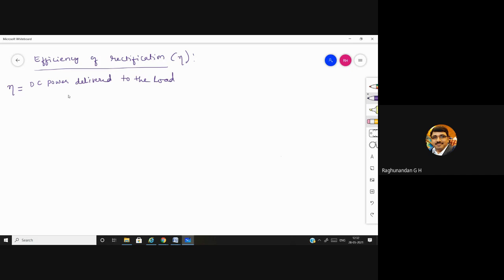DC power delivered to the load by AC input power. From where are you getting this AC input power with respect to the diode? From the source. Between the source and the diode there is a transformer. From which part of the transformer are you getting the input?